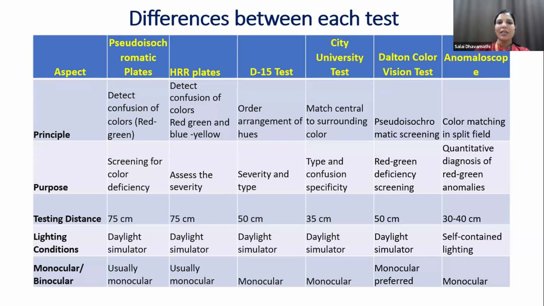Testing distance is 75 centimeters for pseudo isochromatic and HRR plates. D15 is 50 centimeters, City University test is 35, and Dalton color vision is 50 centimeters. All the lighting conditions are very important, but the Nagel anomaloscope has inbuilt lighting, so you can use that. And usually everything should be tested under monocular condition.